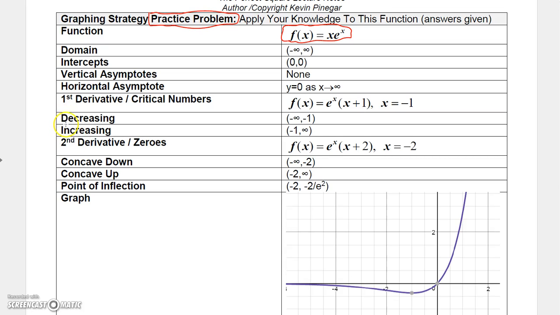Also, decreasing and increasing, concave up, concave down. So if you put all that together, you should be able to graph this. So use this as a practice problem and see if you can get the information that I got.